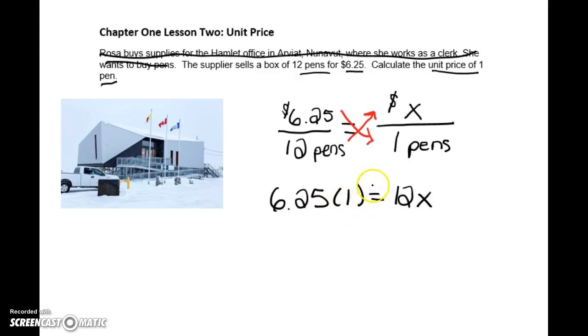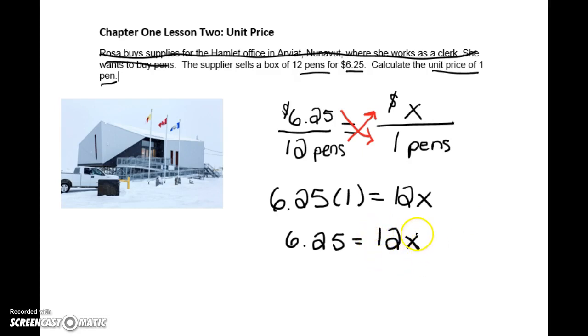Now let's simplify this left-hand side, just to get rid of that multiplication so it's a little bit easier to solve. So 6.25 times 1 is just 6.25, and that's equal to 12x. Now we have everything simplified, so we want to solve for x.